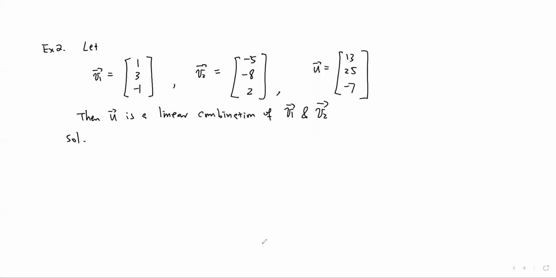It is because 3 times v1 minus 2 times v2. Compute this difference. 3 times v1. Let me do it in detail. v1 is 1, 3, -1, minus 2 times v2, which is -5, -8, 2.